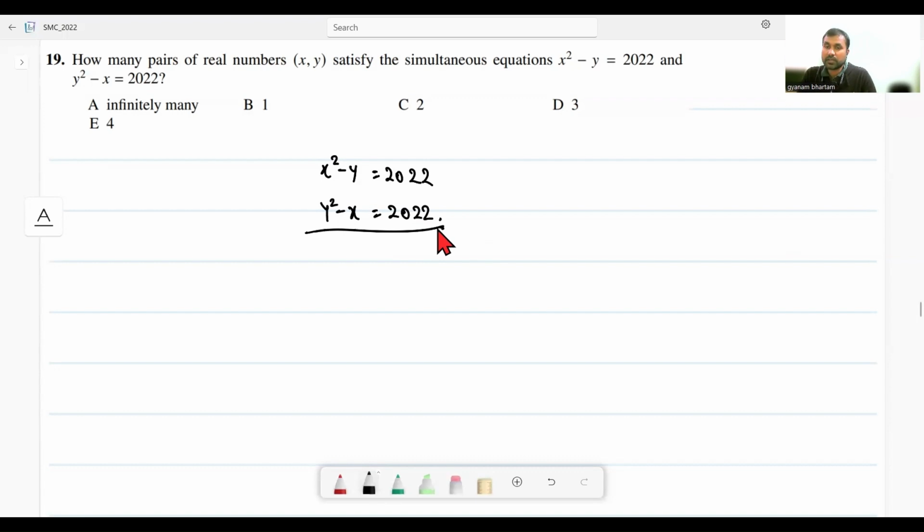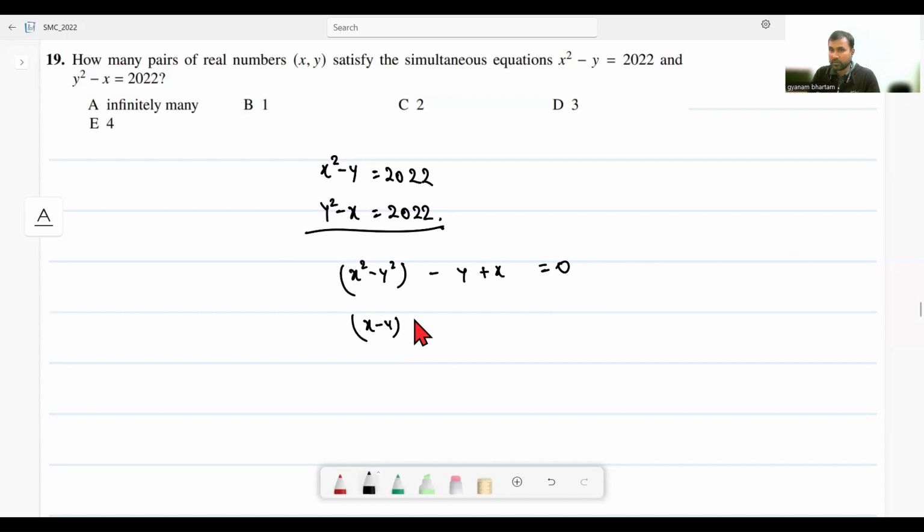And if you subtract, because they both are equal, x square minus y square plus x minus y equal to 0.